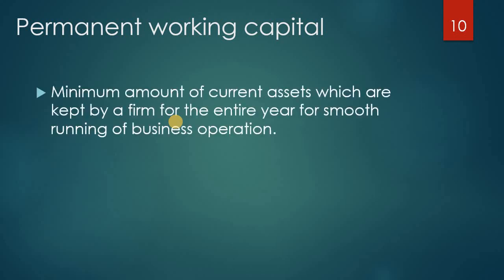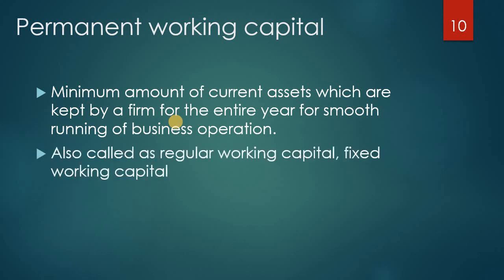The minimum amount of current assets which are kept by a firm for the entire year for smooth running of business operations is known as permanent working capital. That will remain permanent, that will not be touched. It is also called regular working capital or fixed working capital. These are the other words which describe it. That means it is fixed for the entire year.